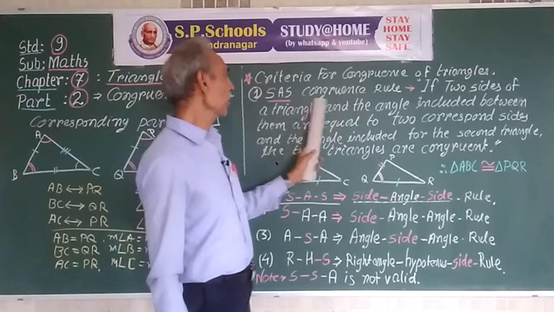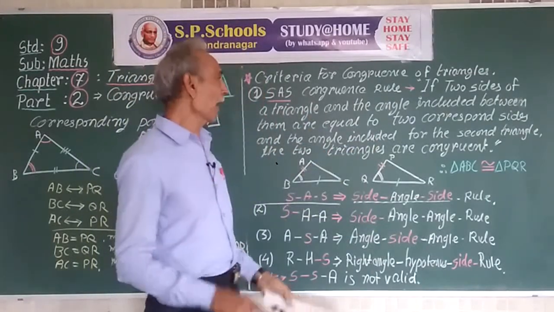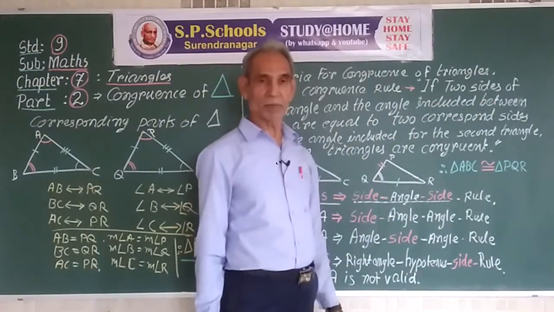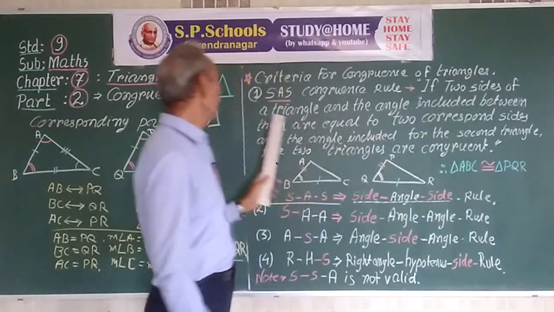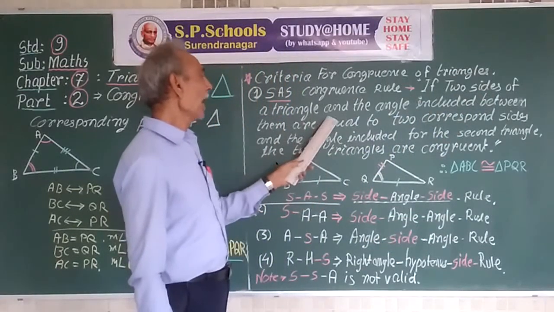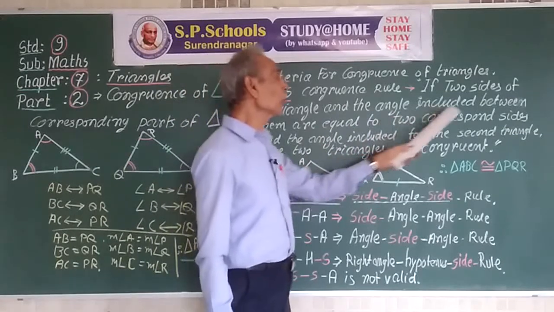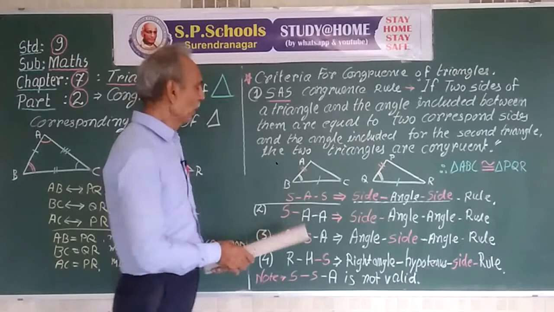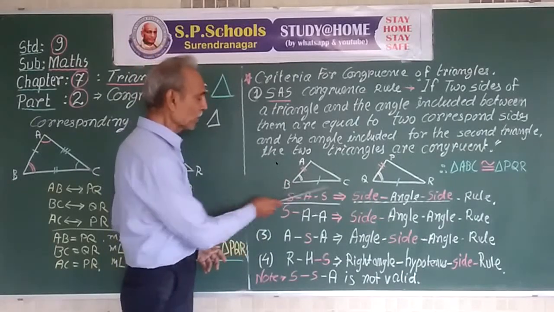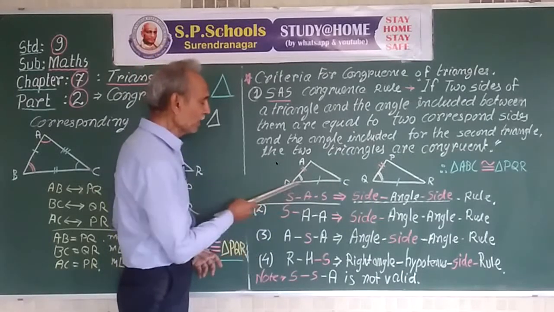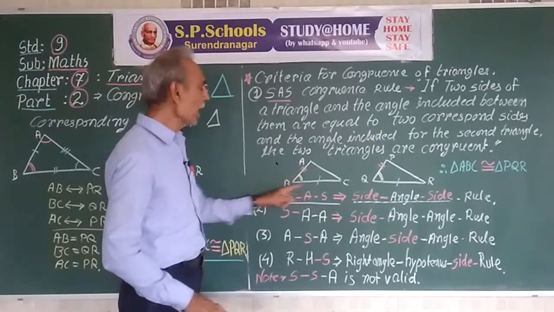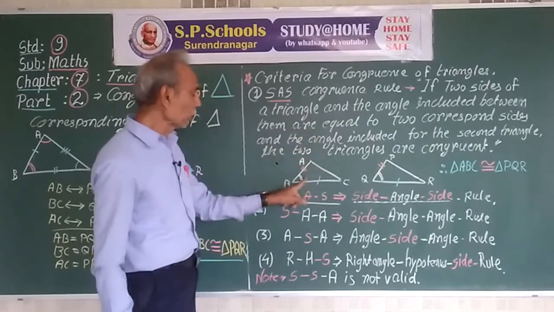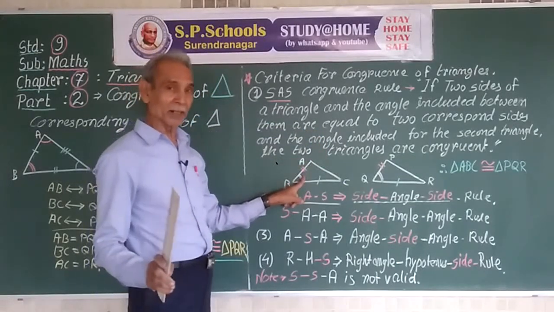This rule, SAS congruency rule, says that if 2 sides of a triangle and the angle included between them, in case of triangle ABC, side AB and side BC, these 2 sides, and the angle included between them, not any other angle.